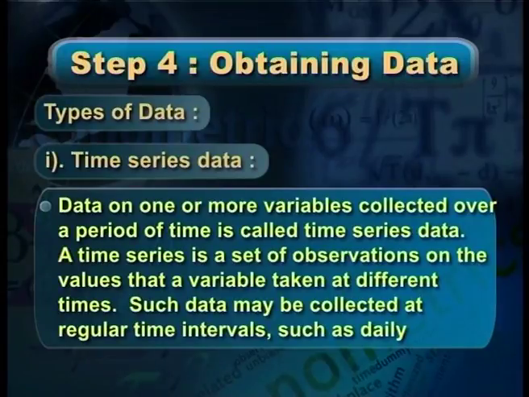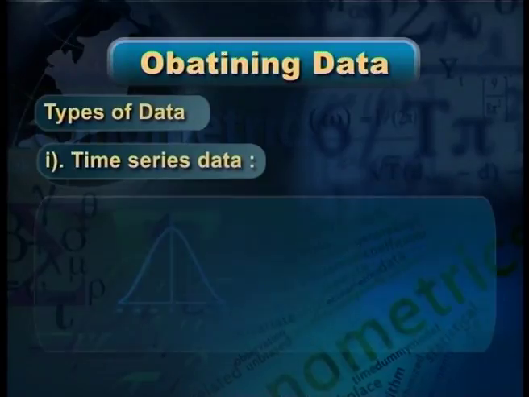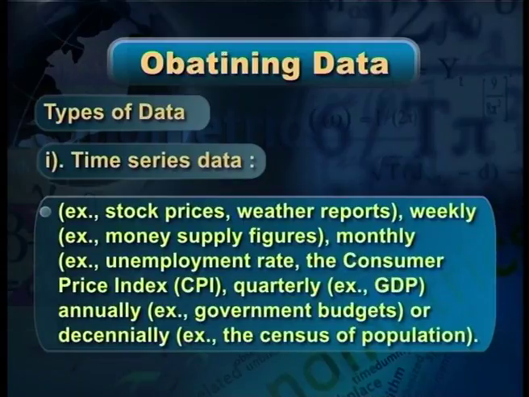A time series is a set of observations on the values that a variable takes at different times. Such data may be collected at regular time intervals such as daily. We can take daily observations like stock prices and weather reports, and on a weekly basis we take figures of money supply. On a monthly basis we take the unemployment rate and the consumer price index, on a quarterly basis gross domestic product, and annually government budgets.